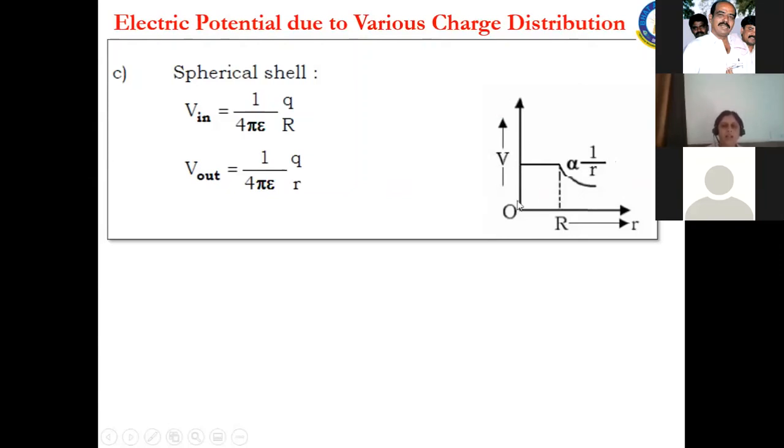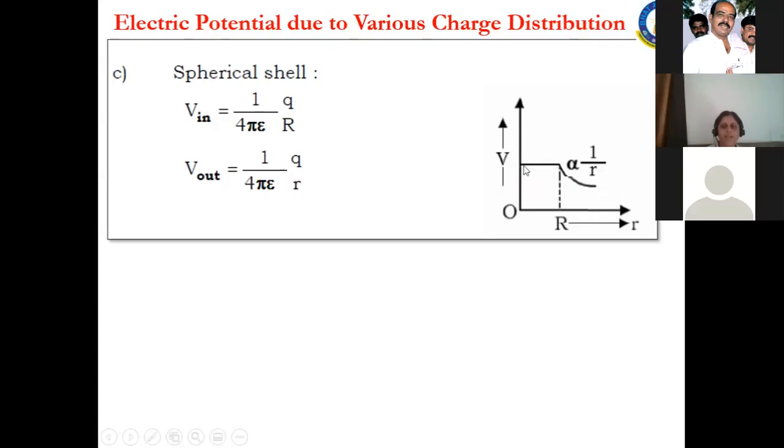You can see that here the potential remains constant. See here, V is equal to, capital R is constant here. What is R? It is the radius of the shell, right? So V is constant from 0 to R, means within the shell, from the center up to the surface, potential remains constant.